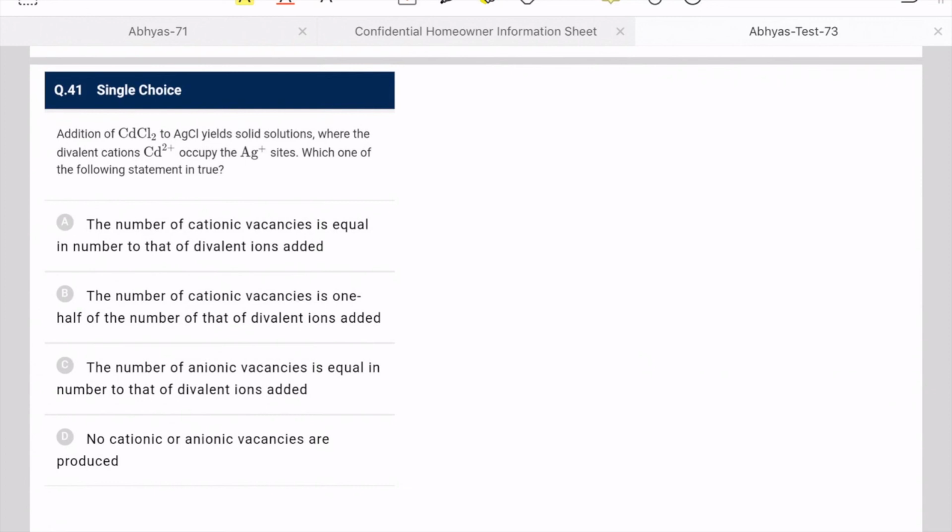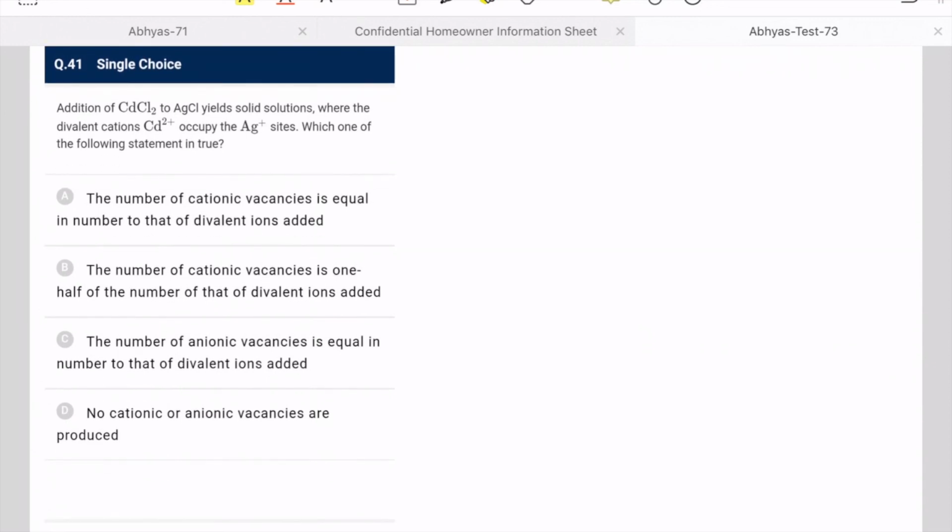So this will be the correct option normally. Because when two are added, one will be occupying and one vacancy will be there. So the number of cation vacancies is equal to the number of divalent ions added. So A is the correct option. So we will go to the next question.